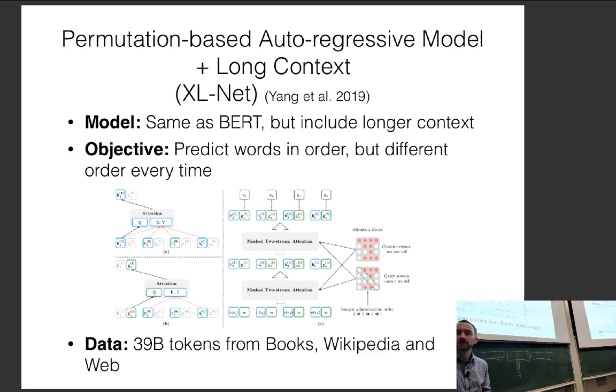Do you still get the linear interpolation or the vector space seen in this kind of contextualized representation? Do you still get a linear interpretation of the vector space? So can you linearly interpolate things? That's a good question.